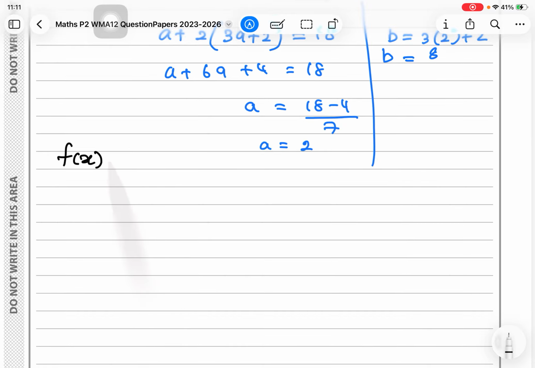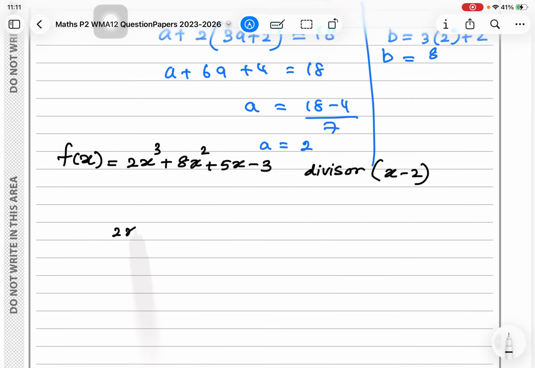Our f(x) is 2x to the power 3 plus 8x squared plus 5x minus 3. Now we are going to divide it by x minus 2. The divisor is x minus 2.